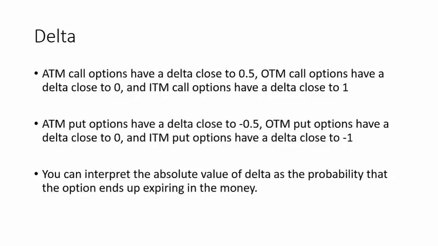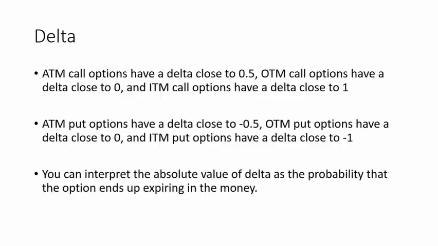Now suppose you have an in the money call option. An in the money call option is going to have a higher delta. And naturally, an in the money call option has a greater chance of expiring in the money, right? Because it's already in the money. So the chance that it will expire in the money is high, right? So when you see a delta that's very high, that means there's a higher probability that the option will expire in the money.